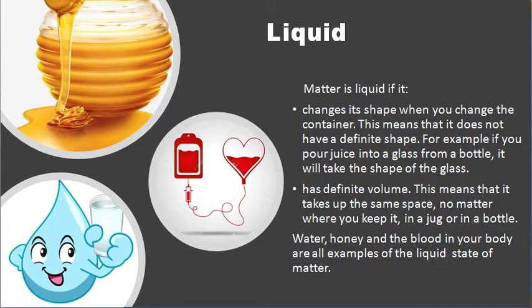It has definite volume. This means that it takes up the same space, no matter where you keep it, in a jug or in a bottle. Water, honey, and the blood in your body are all examples of the liquid state of matter, students.